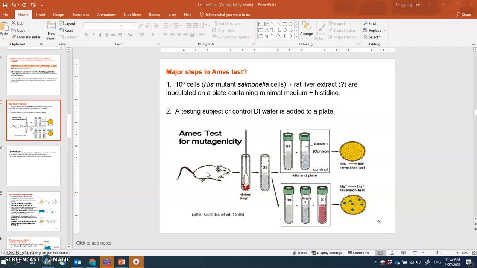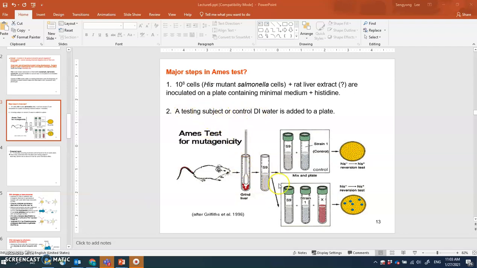If this drug is taken by a human, for example, normally the drug ends up in the liver, the detoxifying organ. When a drug is taken by the human body, that's mostly where it ends up. So you are simulating the inside of your body by adding some rat liver tissue, and then the Salmonella cells. And then, of course, your testing subject, whatever the drug or cosmetic being tested, will be added.